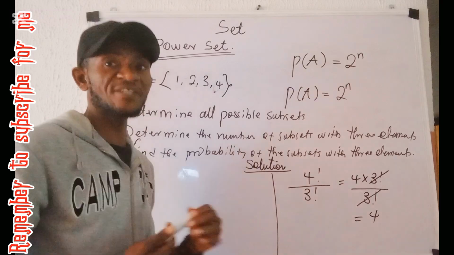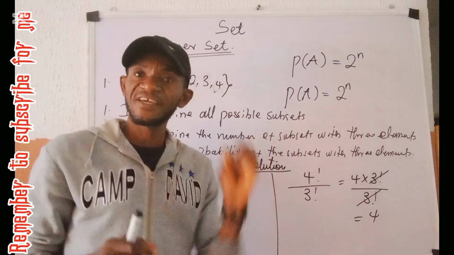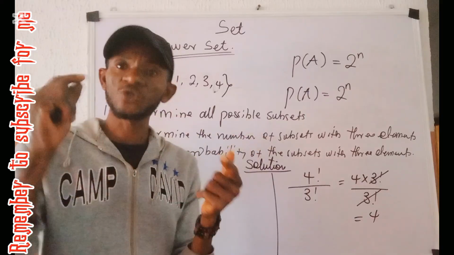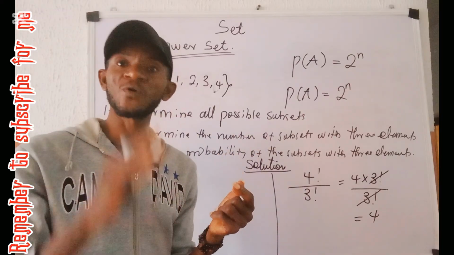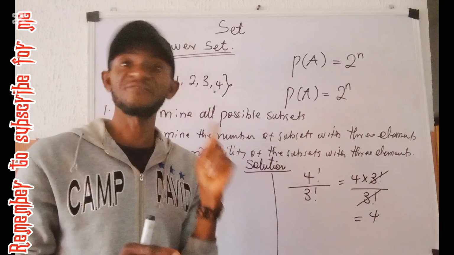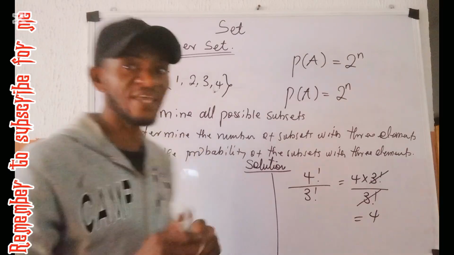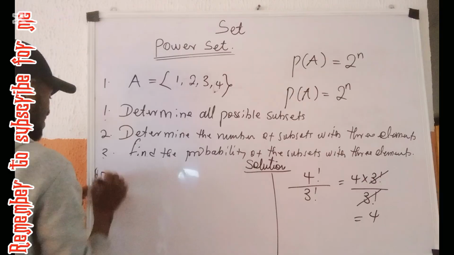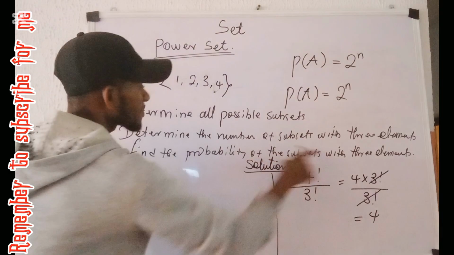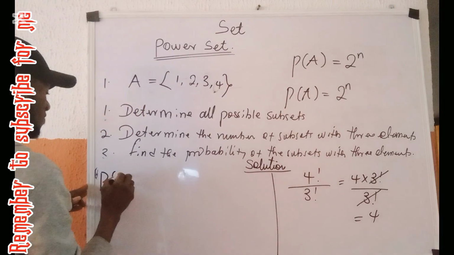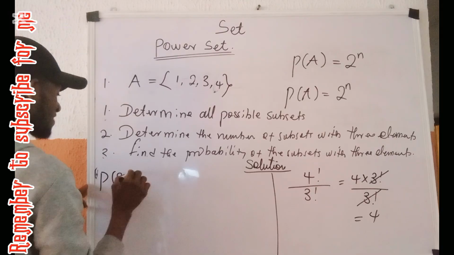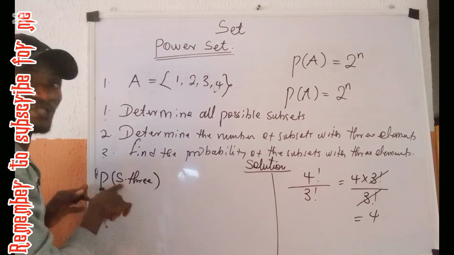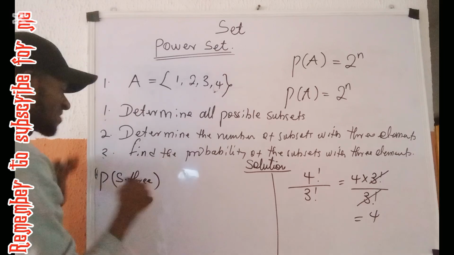Of course, the probability is going to be the number of subsets with 3 elements all over the total possible subsets that can be formed from that set. And we have given ourselves a formula, which means the probability of subset with 3 elements. Permit me to write P(S3), S3 stands for subset with 3 elements.